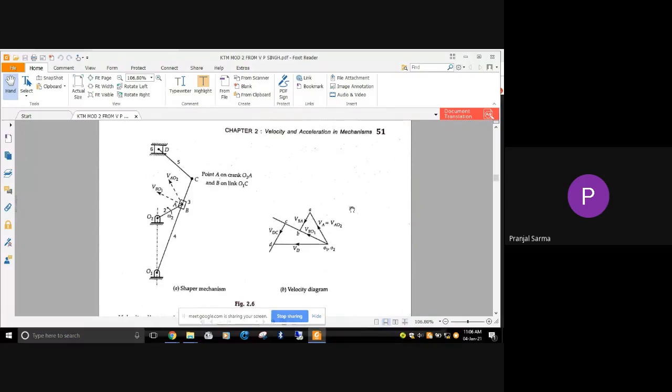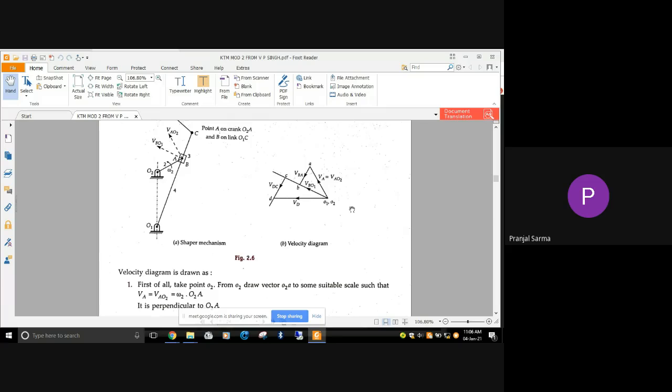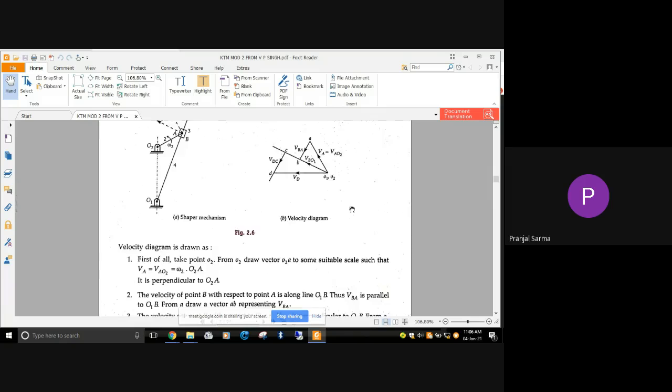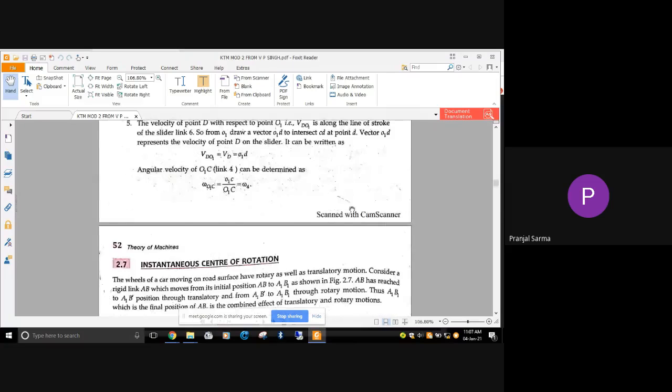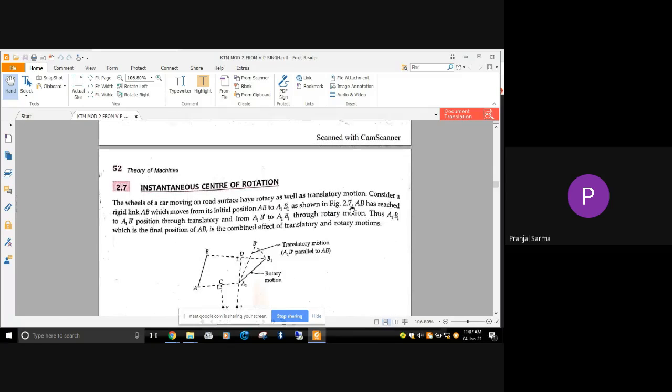These are graphical methods that we discussed, where using the proper scale and the geometric instruments properly is very important. There we got the concept of relative velocity and absolute velocity, and how we draw the velocity diagram.